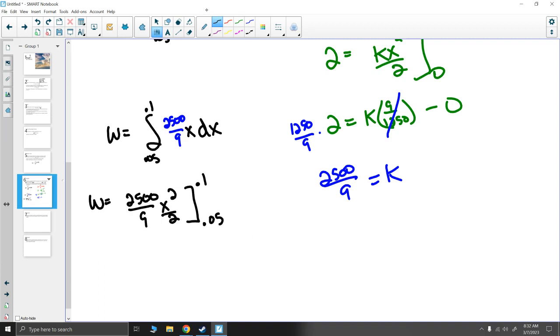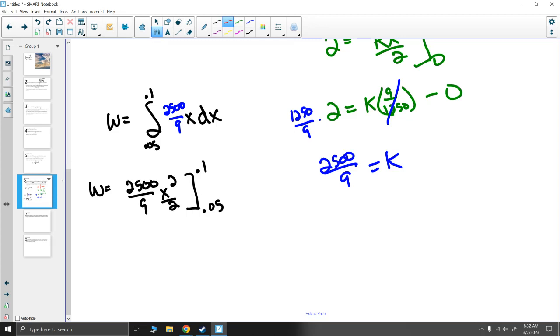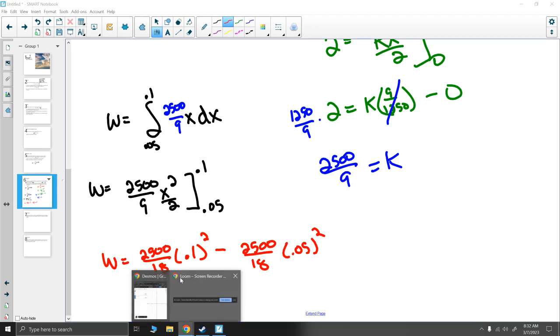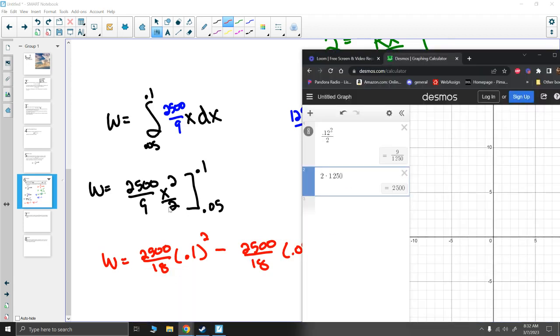Okay, so that means we're going to have our W is equal to 2500 over 18 times 0.1 squared minus 2500 over 18 times 0.05 squared. All right, this 18 comes from 2 and 9, just in case you didn't notice that.